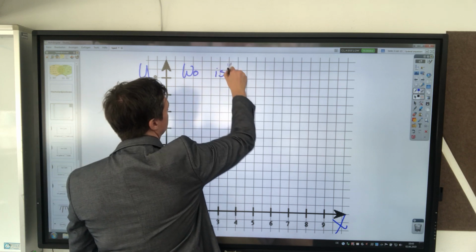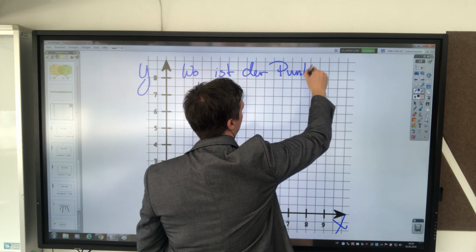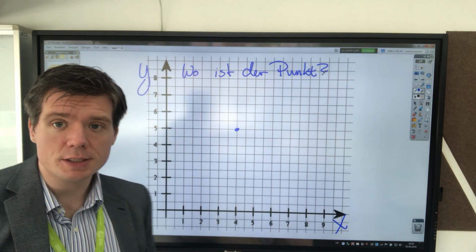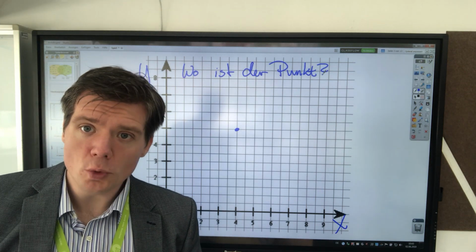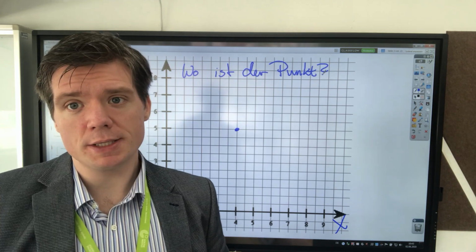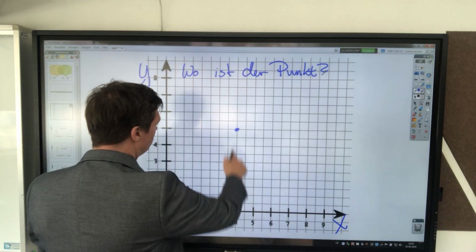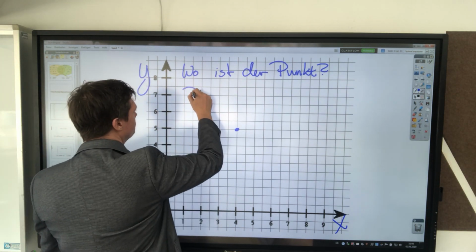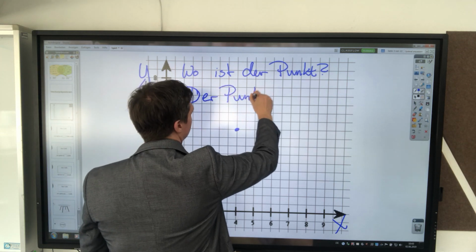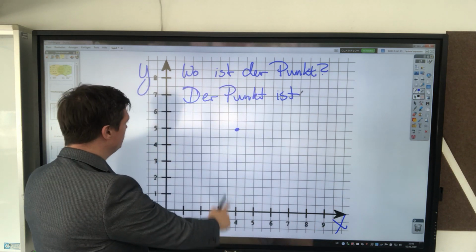Wo ist der Punkt? And automatically, this is the good thing, every time you hear the question word wo, then it's dative. Why? Because wo implies no movement. So you can just read it up. Der Punkt ist 4, 5.